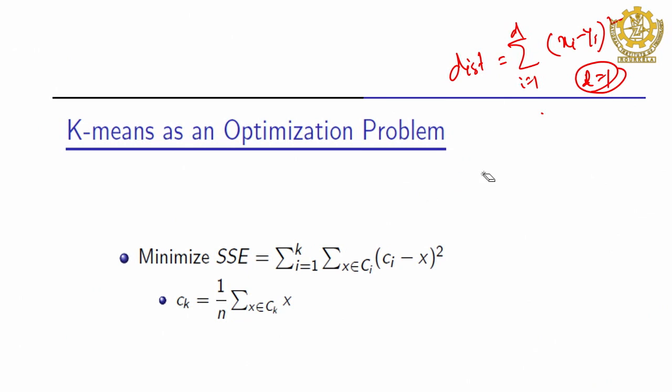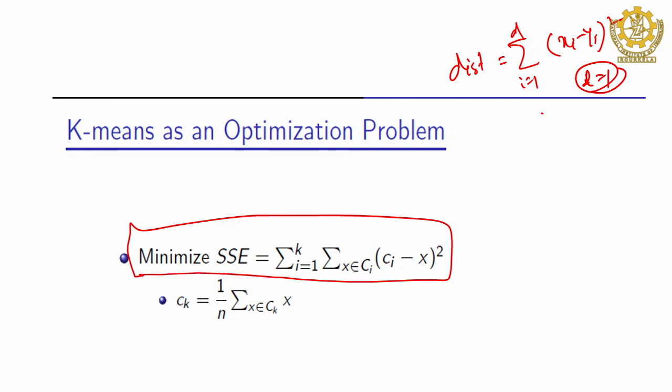Okay. So, in that case what will be that formulation? The formulation will be to minimize the SSE value for all clusters i equal to 1 to k, capital K here. So, you have k clusters, let us say, and a summation over each data point, summation over each cluster.